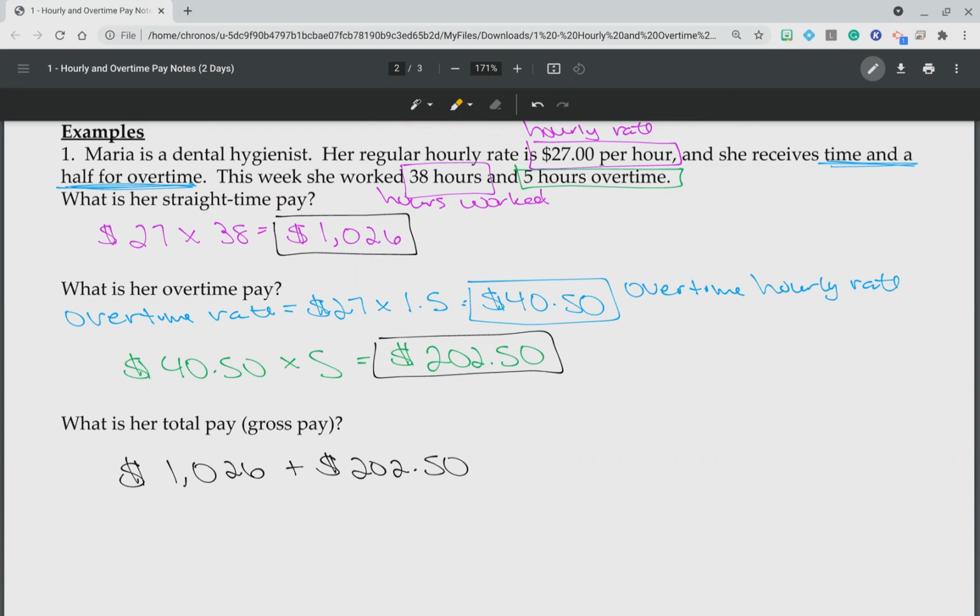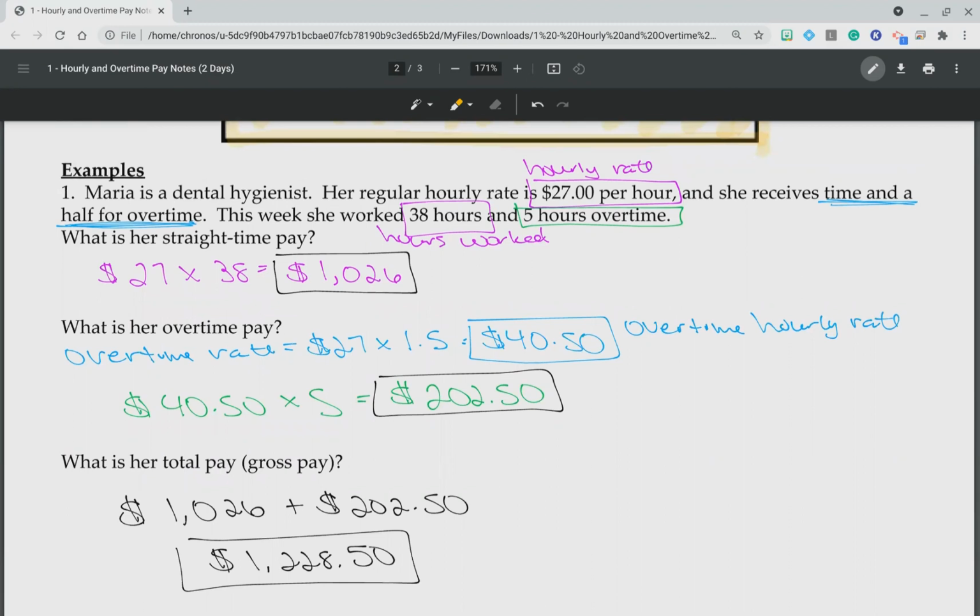So her total gross pay, type it in your calculator, is going to be $1,228.50. All right, so to break this up, first, find the straight time pay. Second, find the overtime pay. And then to find the total pay, you just add those two things together. Okay.